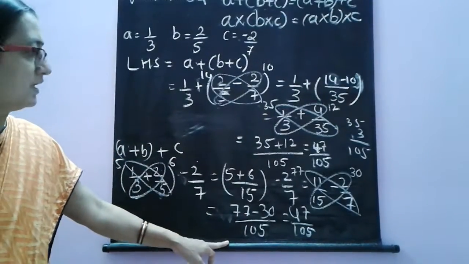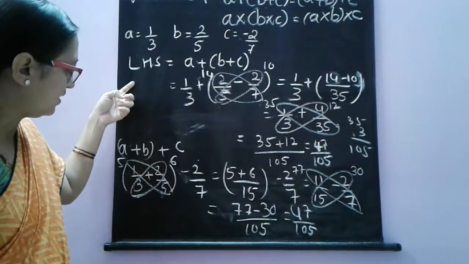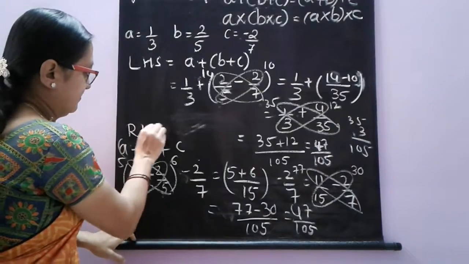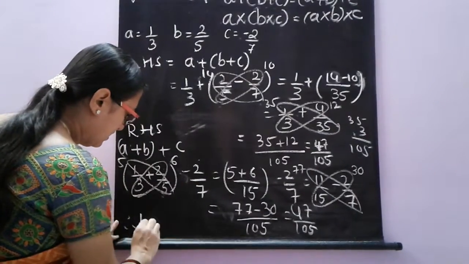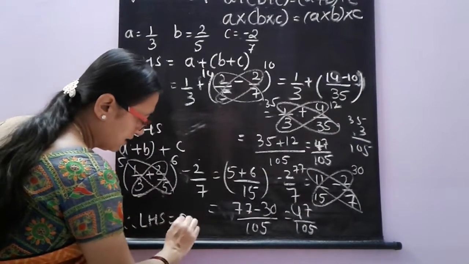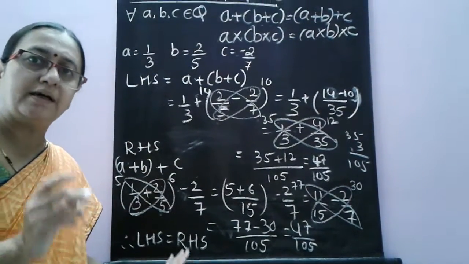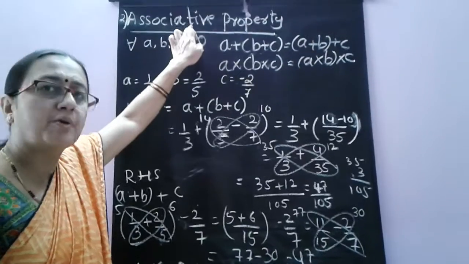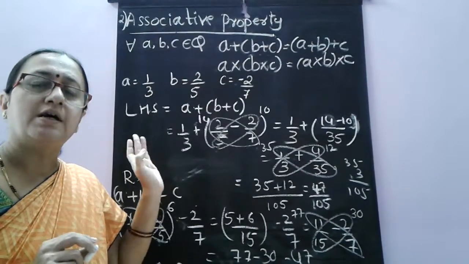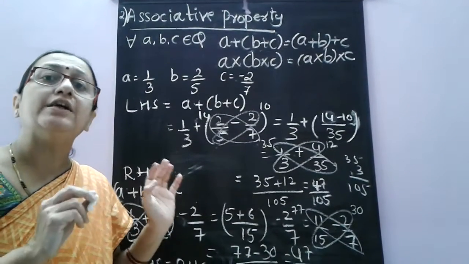So what is the conclusion here? LHS is equal to the RHS. When LHS and RHS are equal, it means that associative property holds good for rational numbers addition.